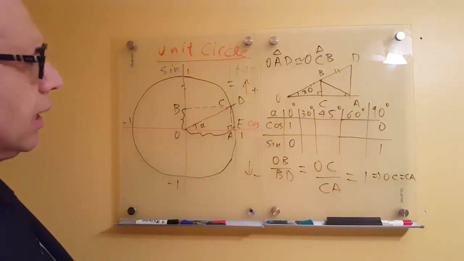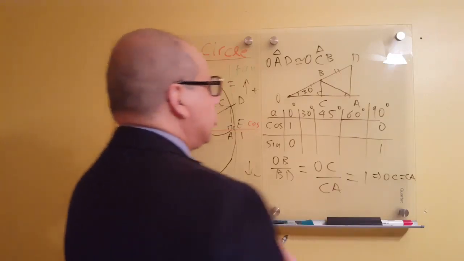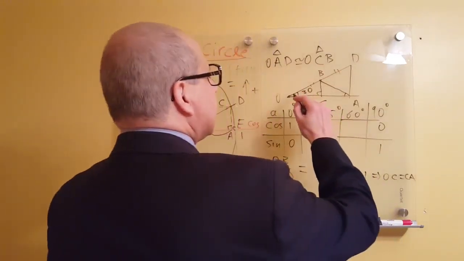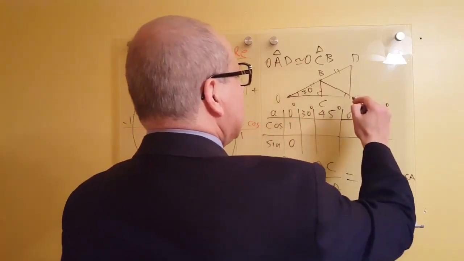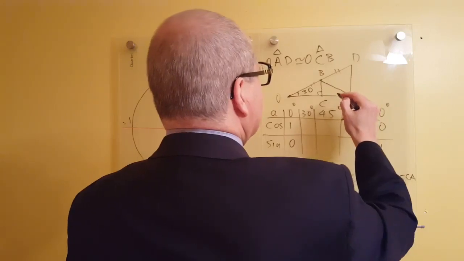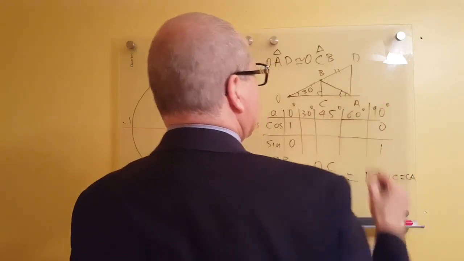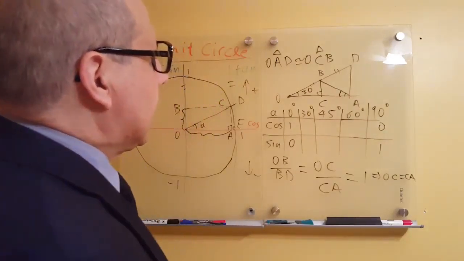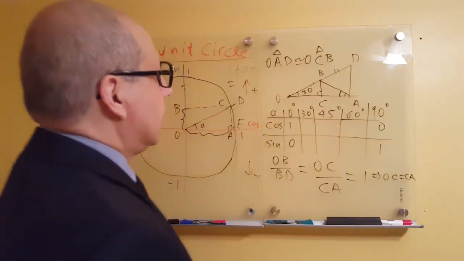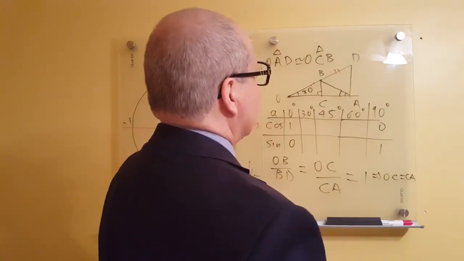So, okay, now from that we get that since this triangle here, the OBA, is an isosceles, if this is theta, this is theta too. And this is theta 2.